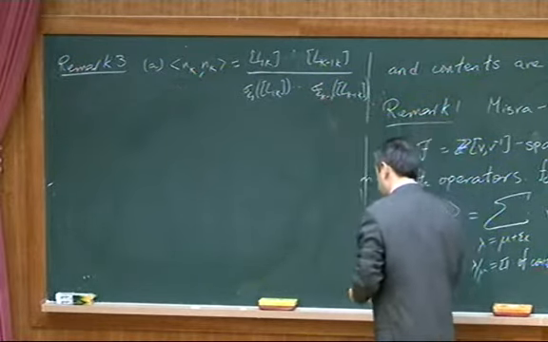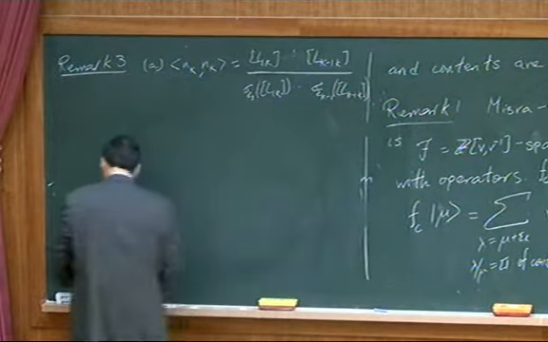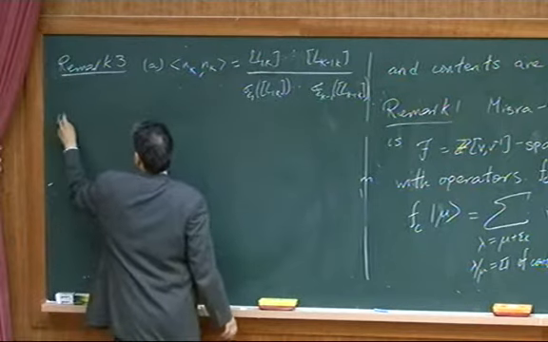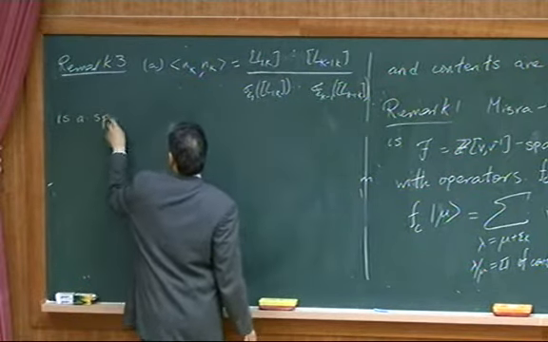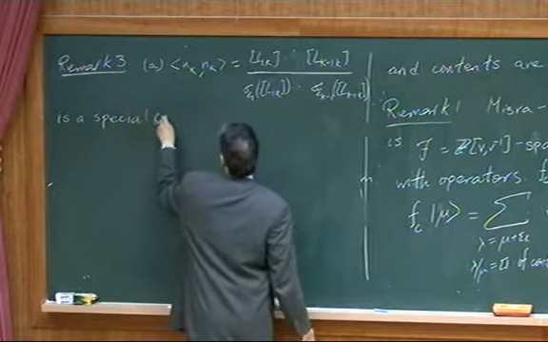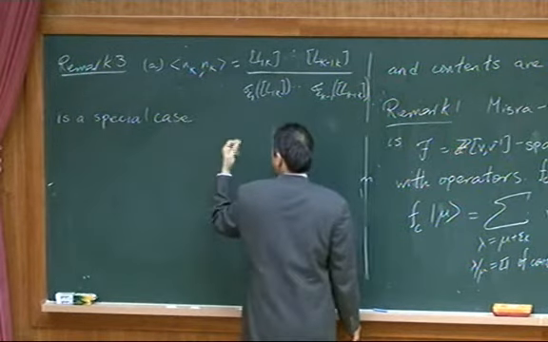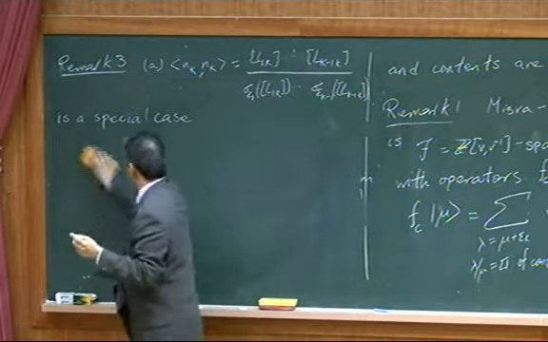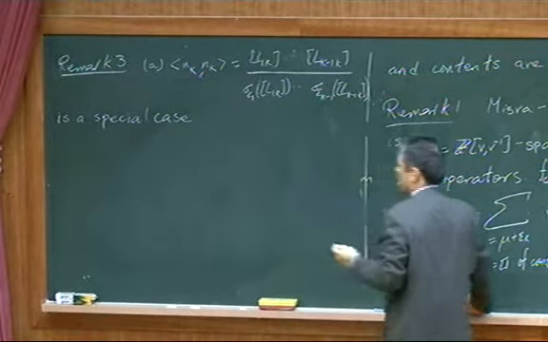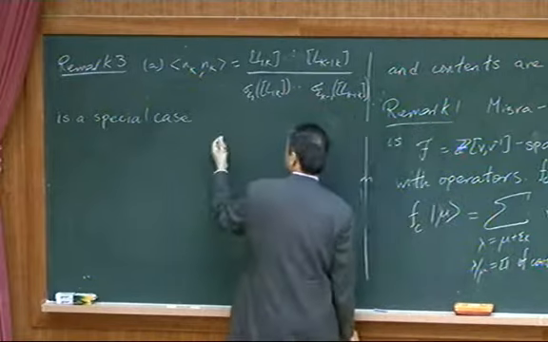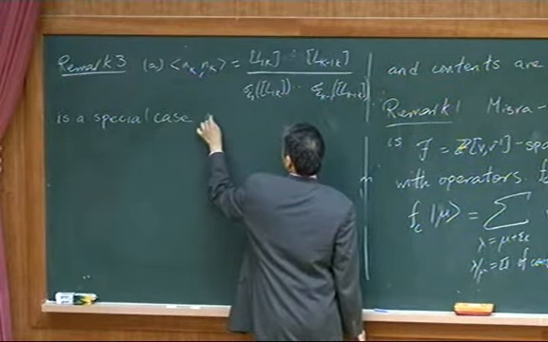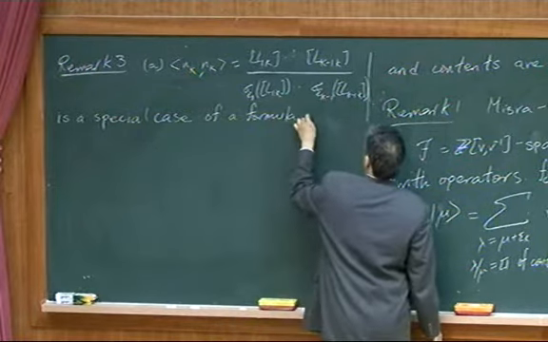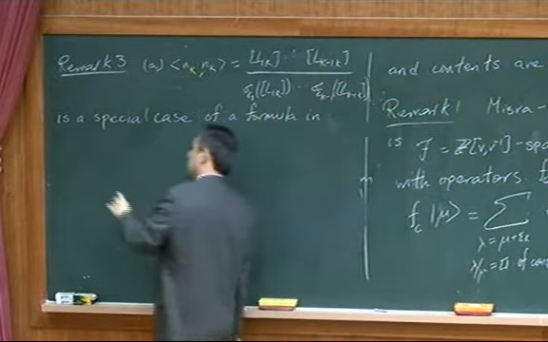All right, so now this is a special case of a generalization. Janssen was, of course, not working in the quantum case, but he was working in the classical case of a formula in Janssen's thesis.